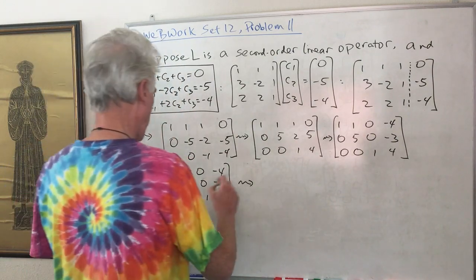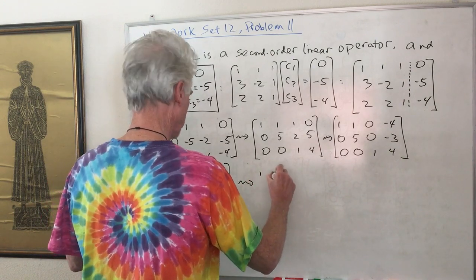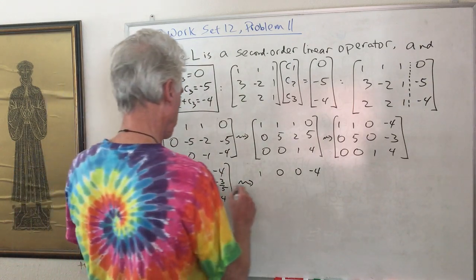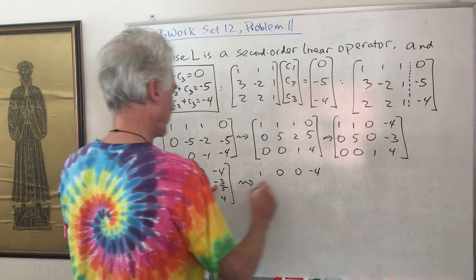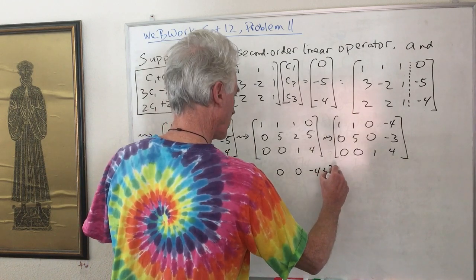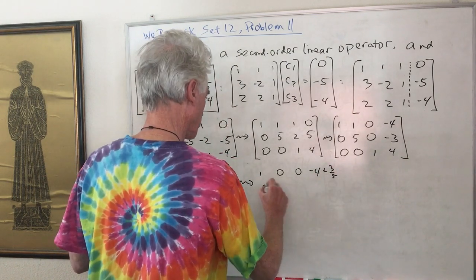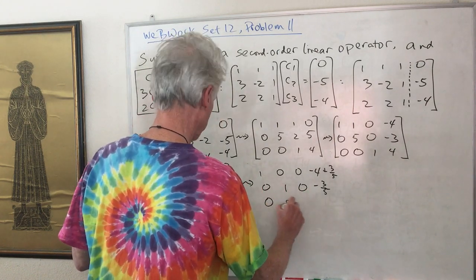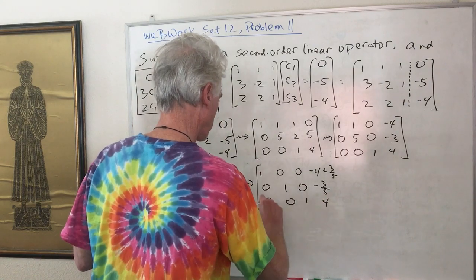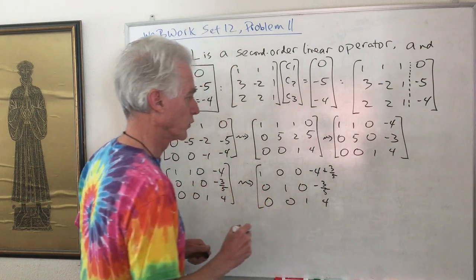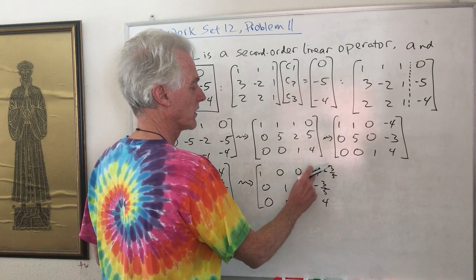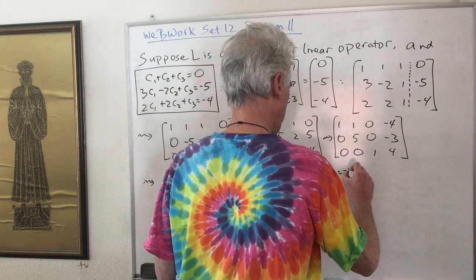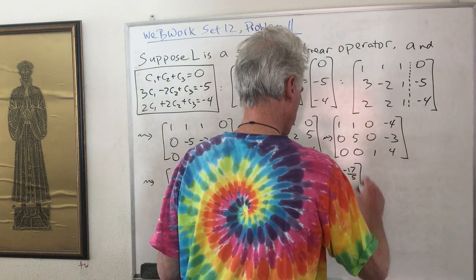I take that row minus that one, and I get 1, 0, 0, -4 minus -3/5, so that's plus 3/5. And then this thing that's minus 20/5 plus 3/5, so this thing here is actually -17/5, right?